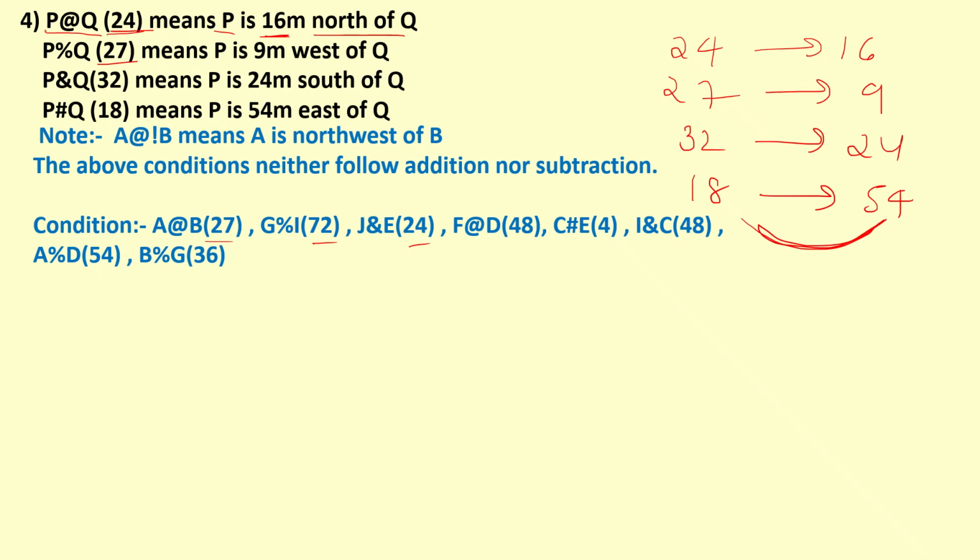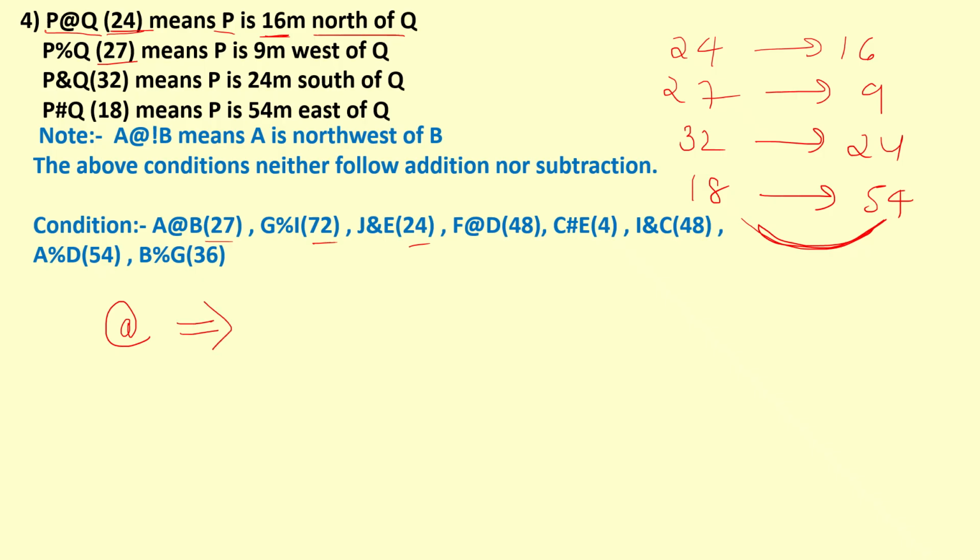This type we had solved in the previous class, but there the addition was used. If you remember, plus 14 we had done there. Now here you need to use multiplication and division. So first, if I concentrate on the first sentence, that is P at Q, it is from 24, correct?